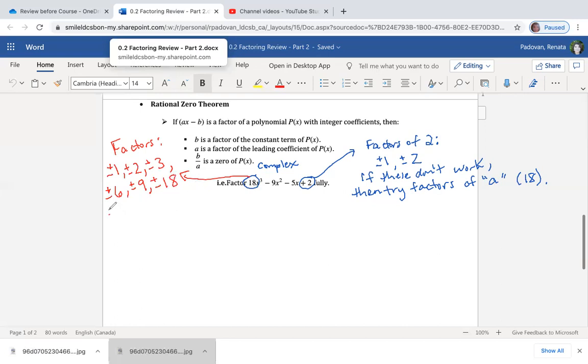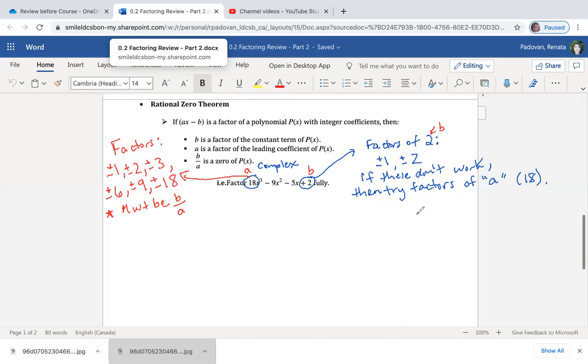Now this side must be in the form b over a. This is my a value here, right? This is my b value, let's say here. So 2 is the b value, factors of 2. So these are all my b values.